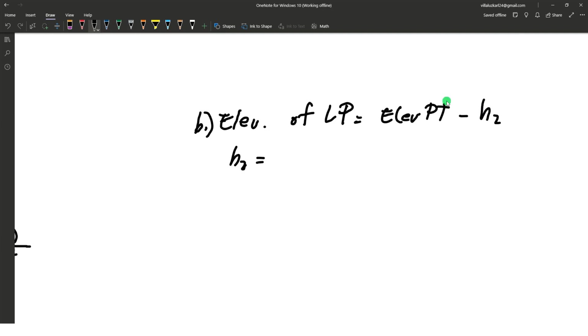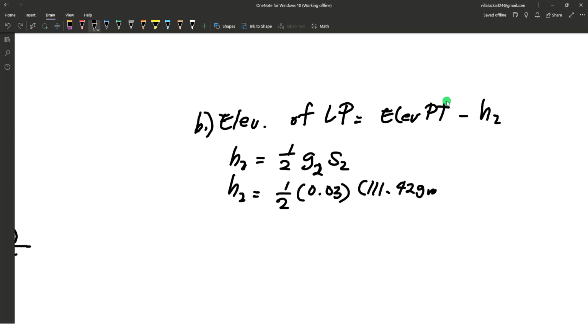H2 is equal to one half G2, G2 is 0.03, and S2 is 111.429, from earlier.